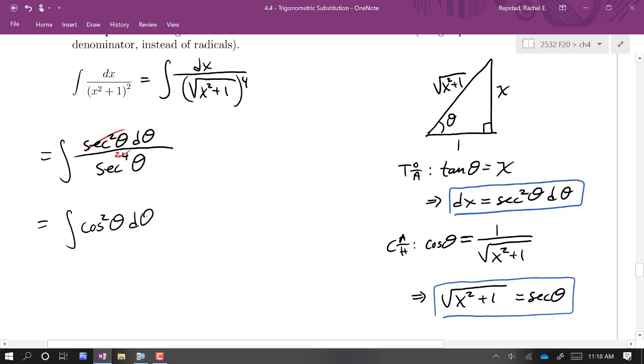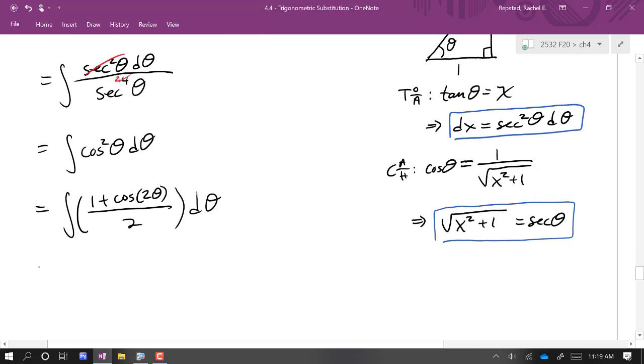And thinking back to the last section on trig integrals, if I have an even positive power of cosine, what I'm going to do is use the half angle identity to rewrite this. So this is 1 plus cosine 2 theta over 2. I'm going to yank out the 1/2.